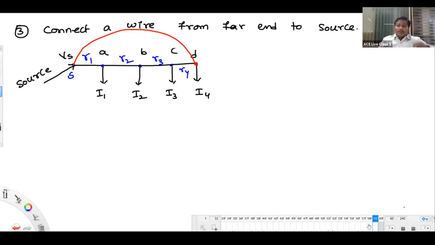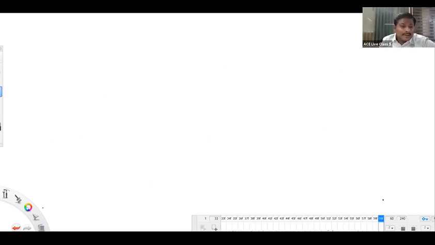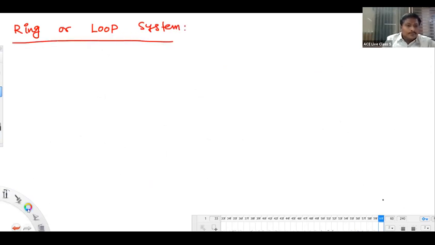Okay, right. So the next heading I will be taking up is the ring or loop system. For our convenience, I am showing a system like this with certain currents.